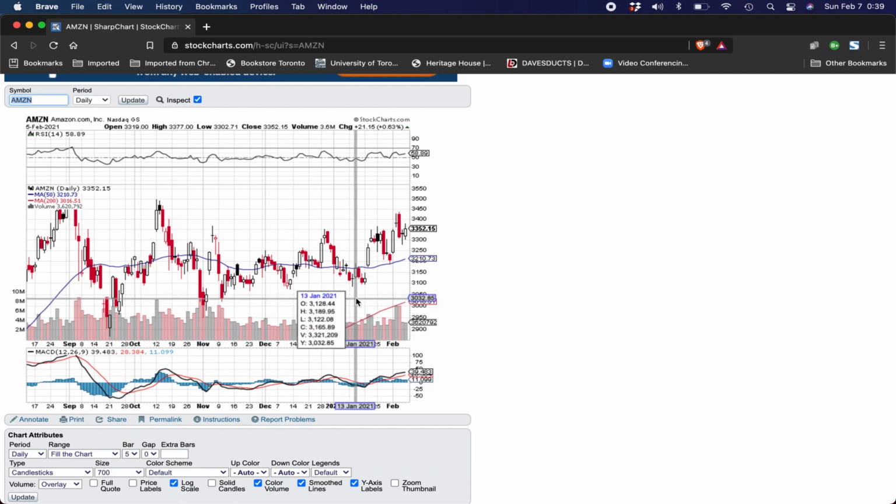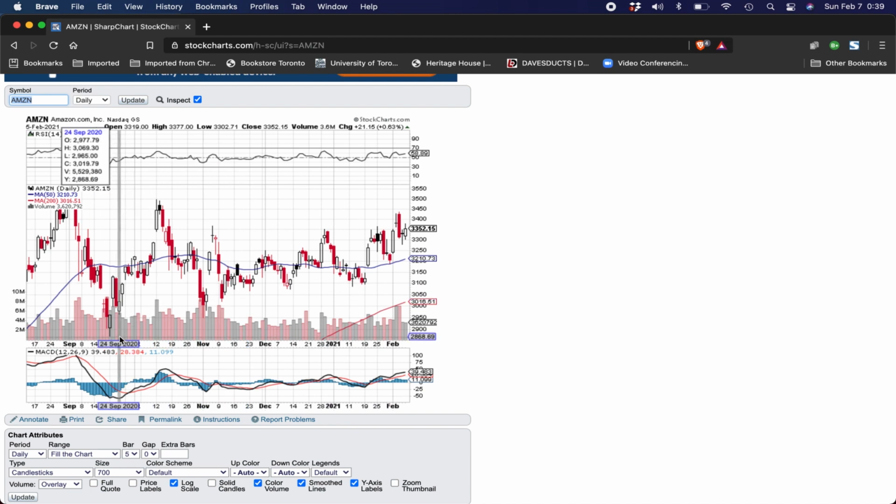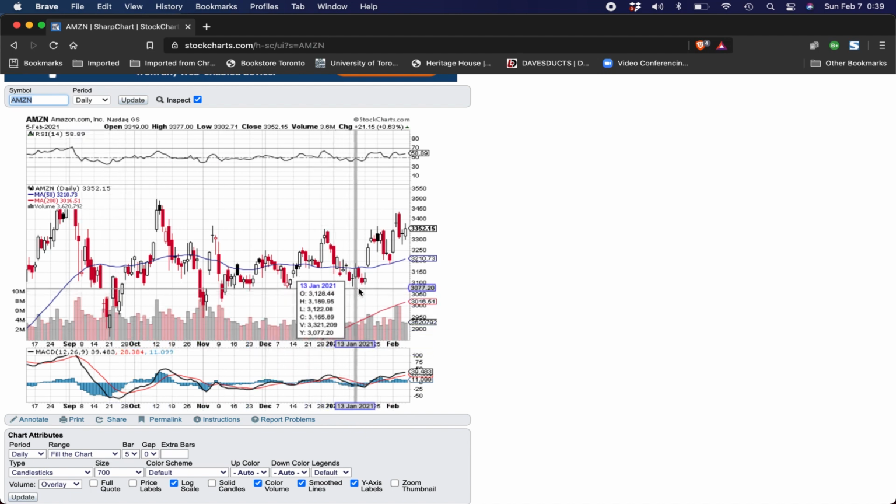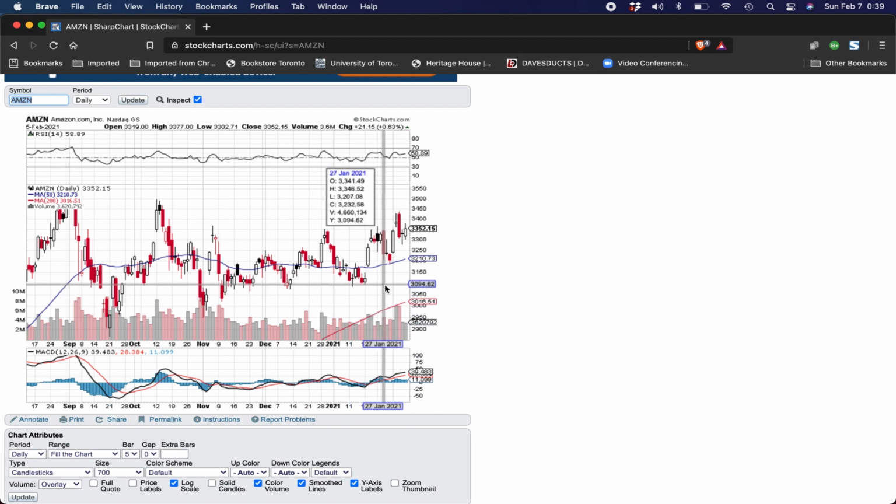It's been a range-bound stock, and at a quick glance, I would say that in the short term, perhaps support seems to be around, well, I would say 3100 seems to be a fair support for Amazon.